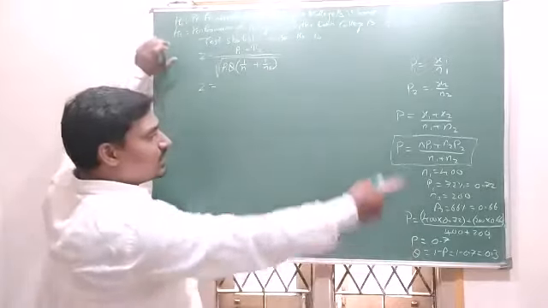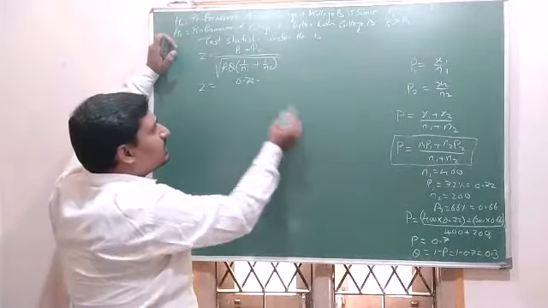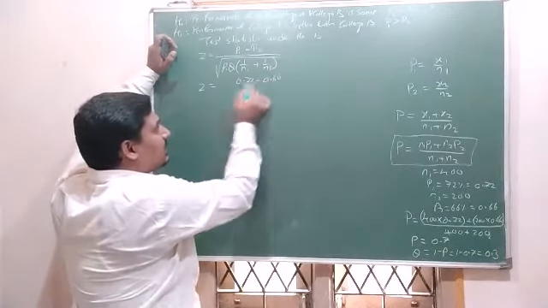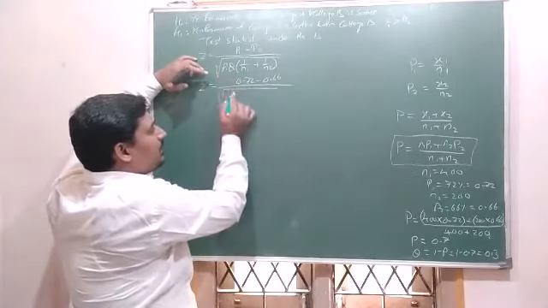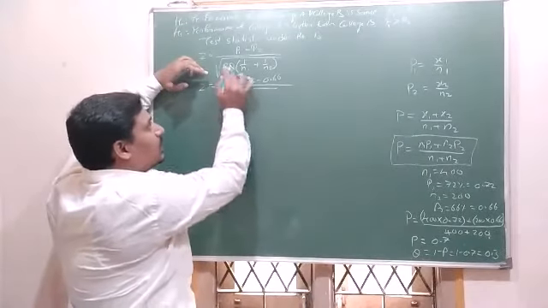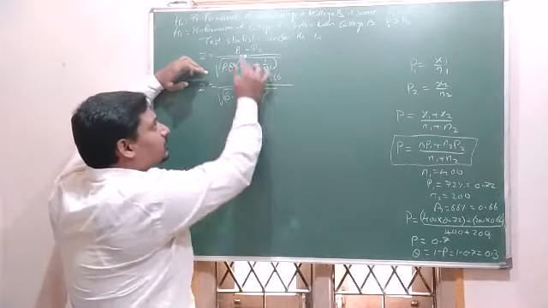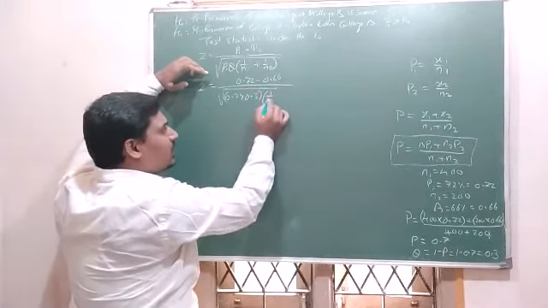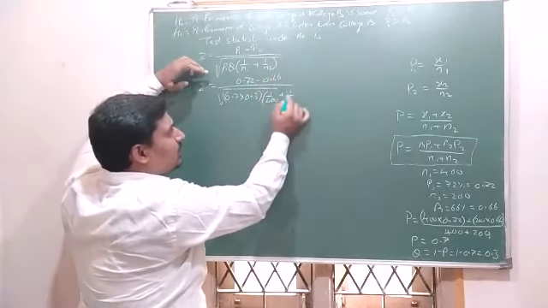P1 is 0.72 minus P2 is 0.66, whole divided by root of capital P which is 0.7 into Q which is 0.3 into bracket 1 divided by N1 which is 400 plus 1 divided by N2, and N2 is 200.